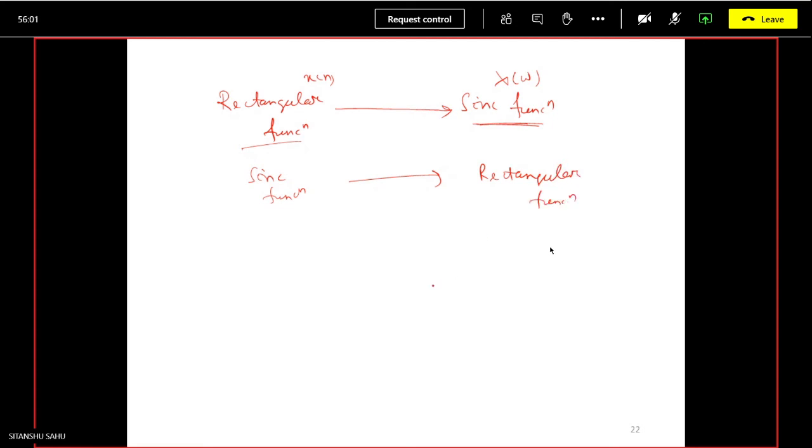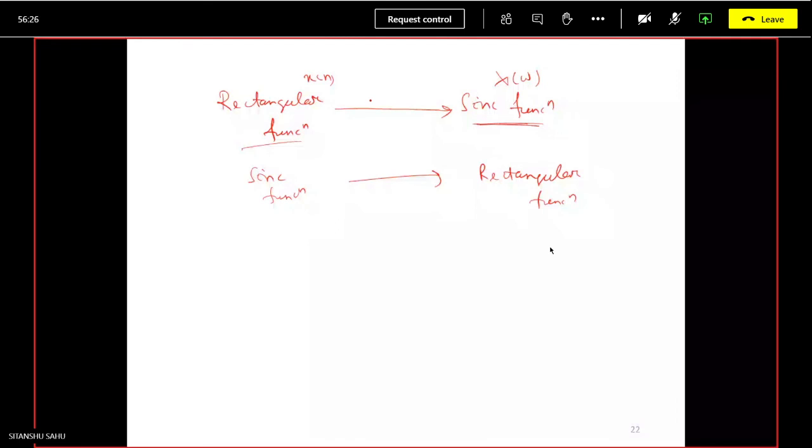So that means if you go on changing the shape of the signal itself, we get a similar kind of correlation. Are you getting my point?